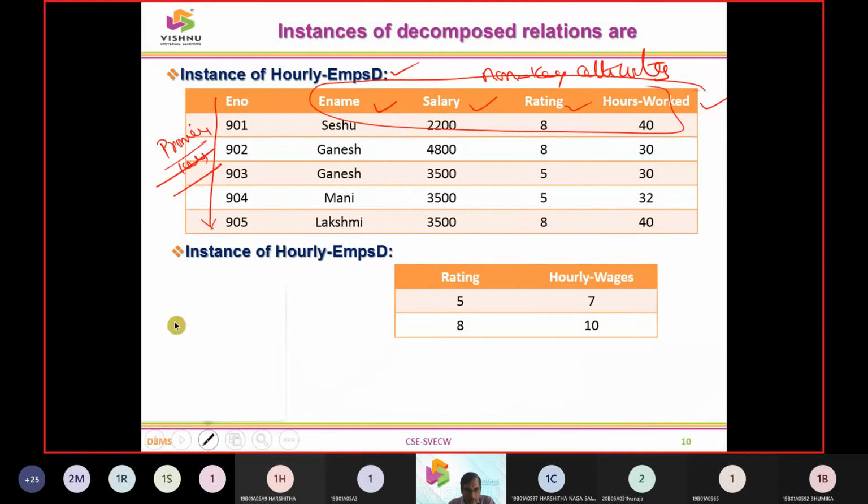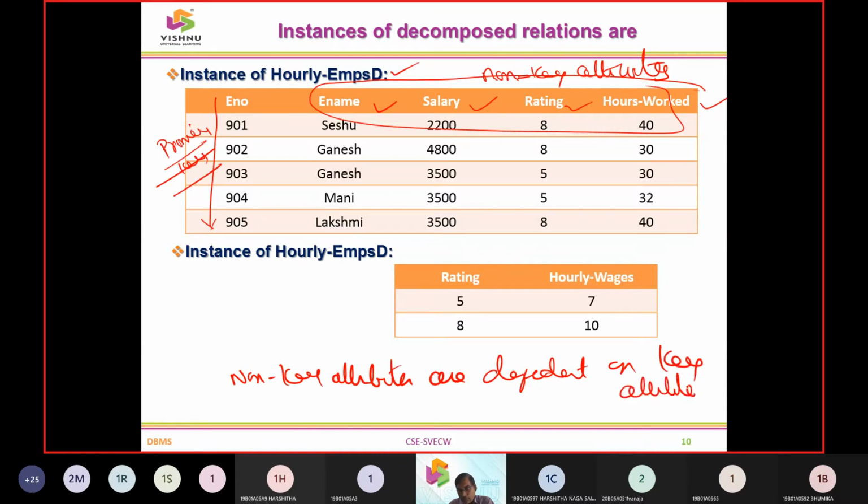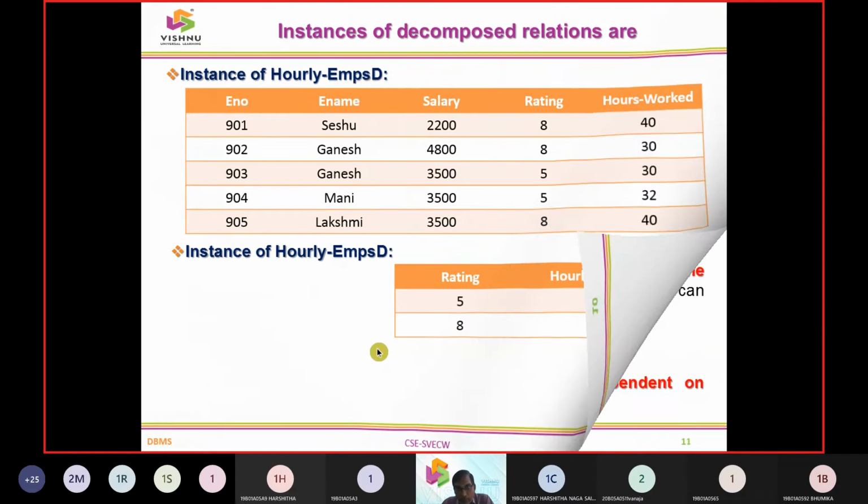That is, non-key attributes are dependent on the key attribute. That means I can have employee name dependent on employee number, salary dependent on employee number, rating dependent on employee number, hours worked dependent on employee number.